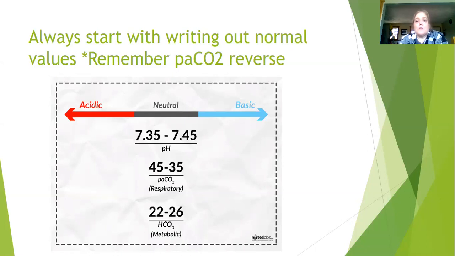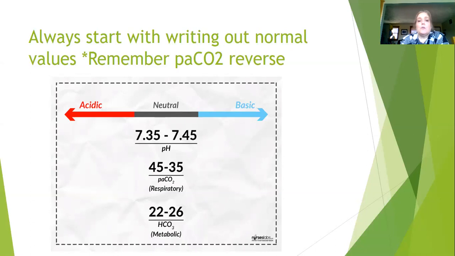Then we have the CO2. Now we know the CO2 level normal range is 35 to 45. We actually are going to write it flipped over with it saying 45 to 35, because if we have more CO2, we are actually going to be more acidic.